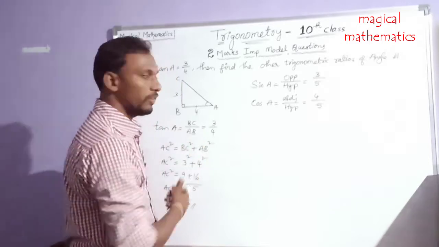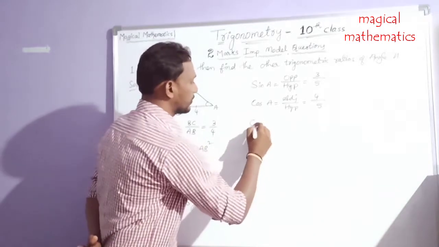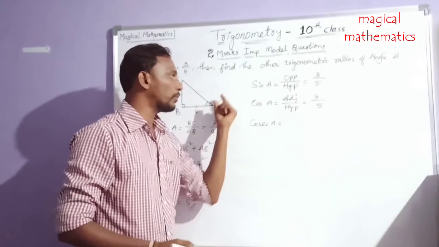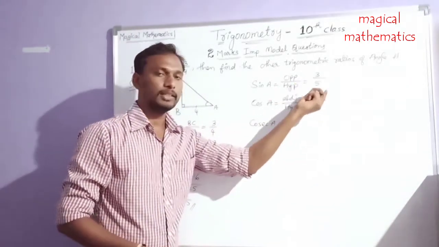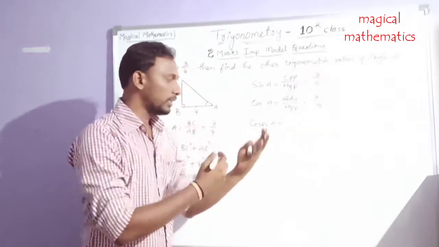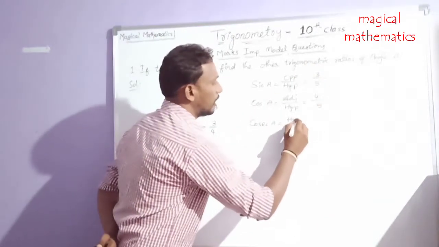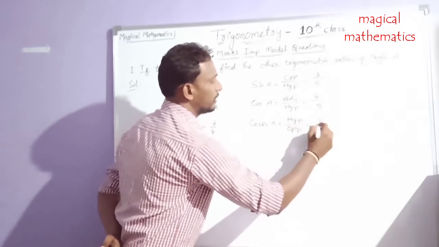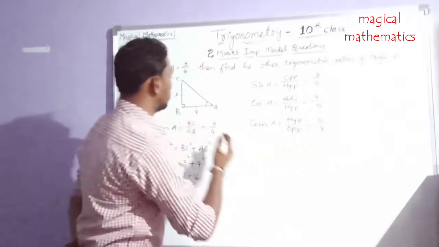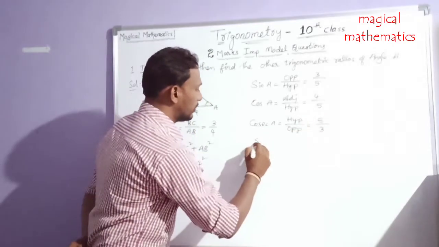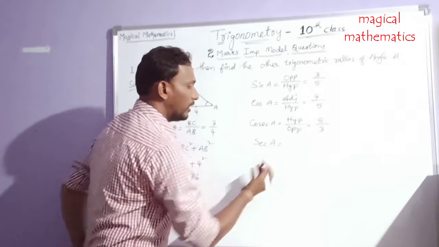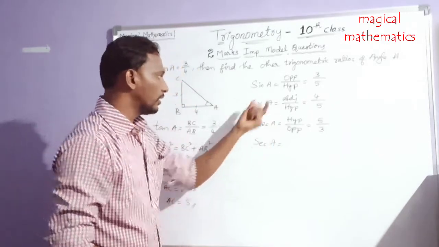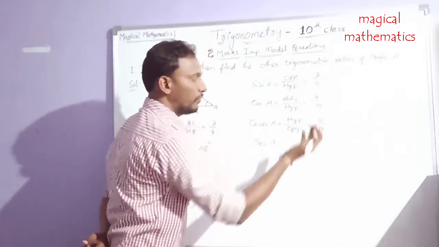Next, tan value we have already, right? Next, cosec A. Cosec A is the reciprocal of sin A. Directly we can consider the reciprocal of this value, or otherwise we can say hypotenuse by opposite side. So hypotenuse is 5, opposite side is 3. Now sec A. We already know that sec A is the reciprocal of cos A, so directly 5 by 4 we will get.